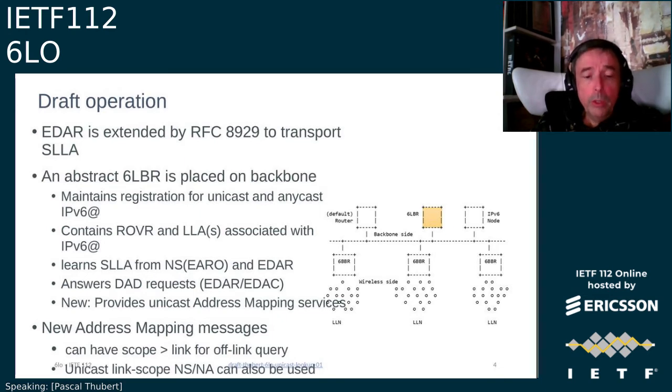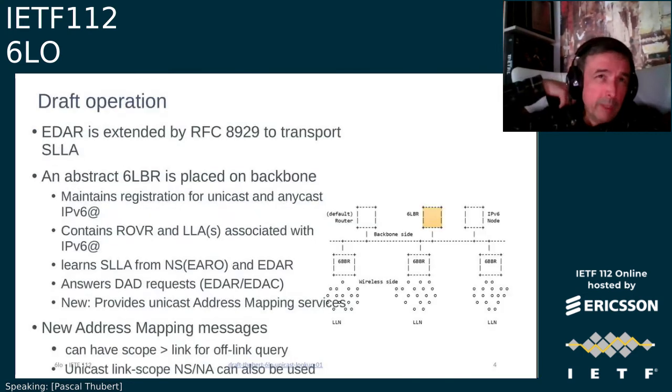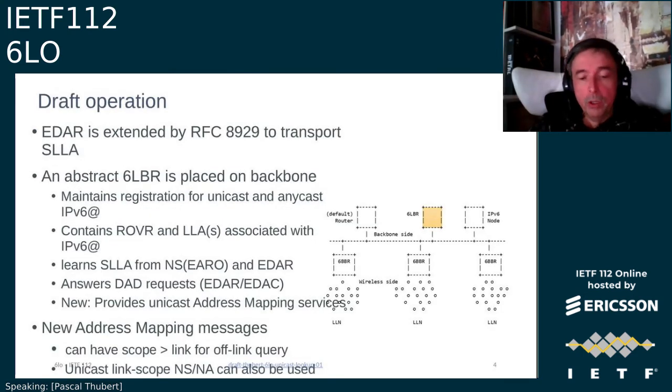And by the way, we provide this new message, which is similar to EDAC, with the same type as EDAR/EDAC, but the code is incremented. Instead of address duplication, remember EDAC is DAD basically, this becomes address mapping, so it's code 1 instead of code 0. It really means address mapping, so you can use it to query an address mapping and get a response back.